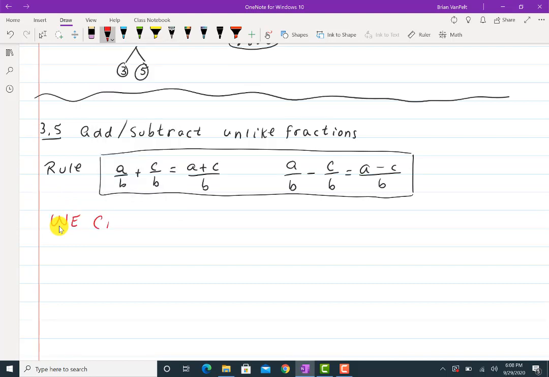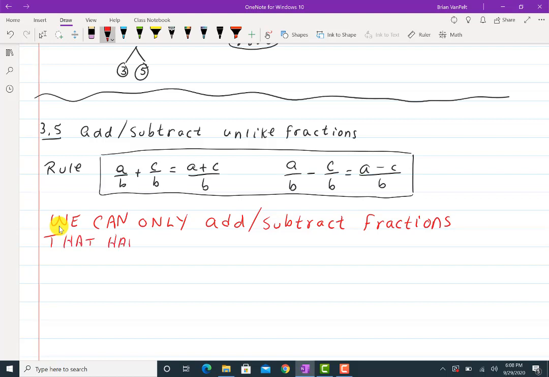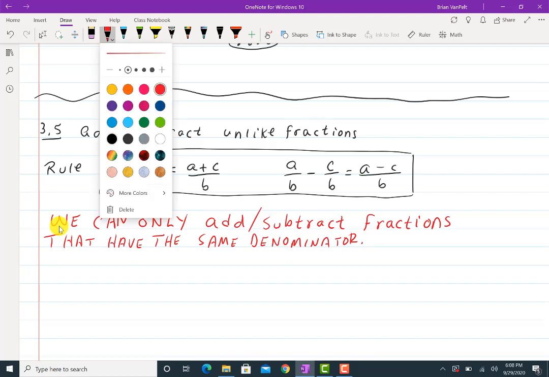So we can only add/subtract fractions that have the same denominator. Never forget that. That is what we're always going to be working at, trying to get a common denominator.